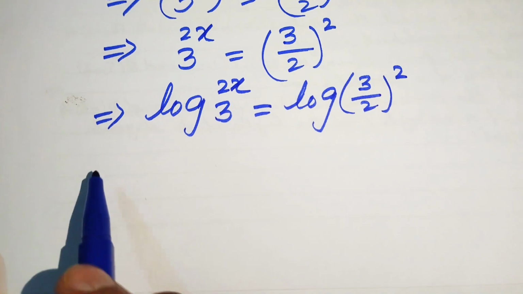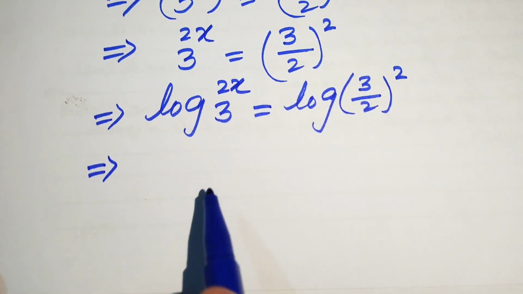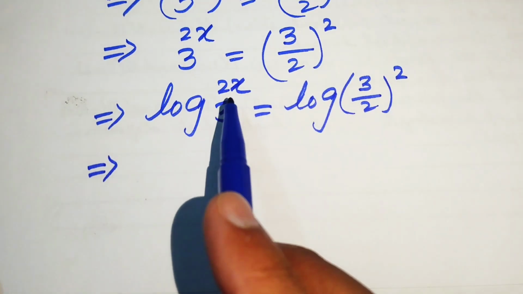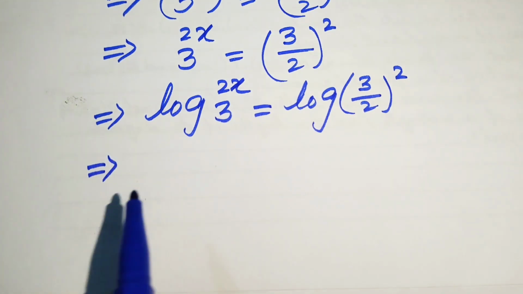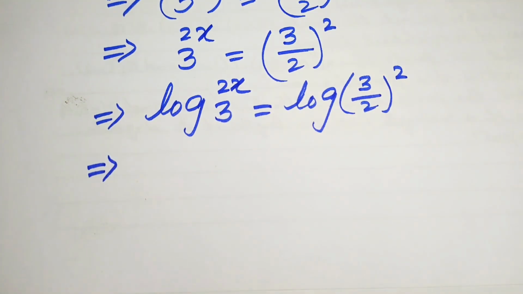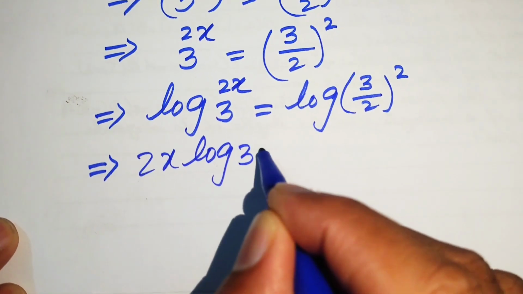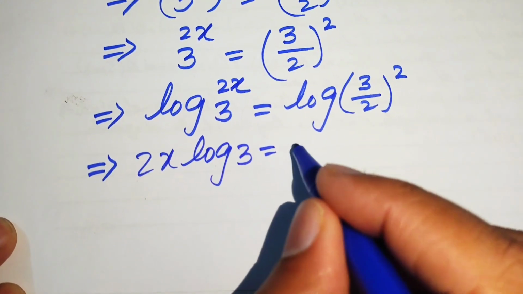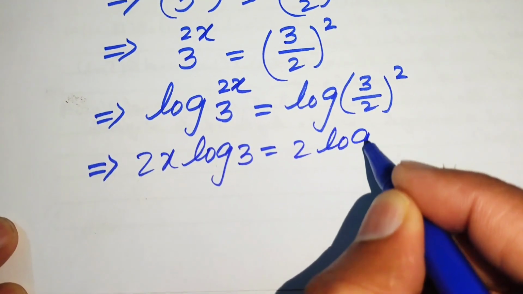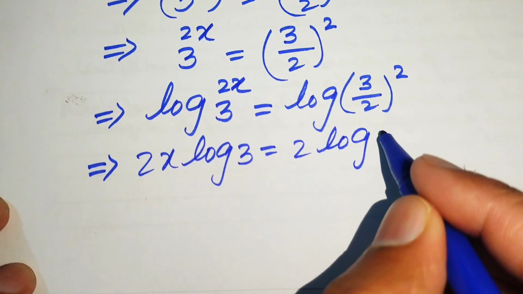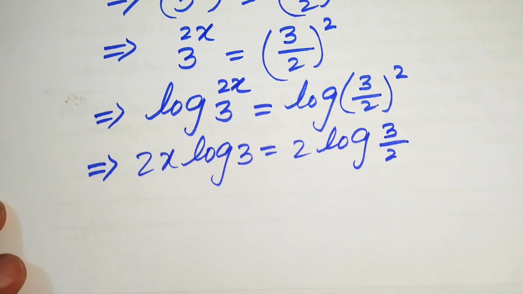Further we use the nice property of log, and we move this 2x in front of this log, and it will be written in this form: 2x into log of 3 equals 2 times log of 3 divided by 2.